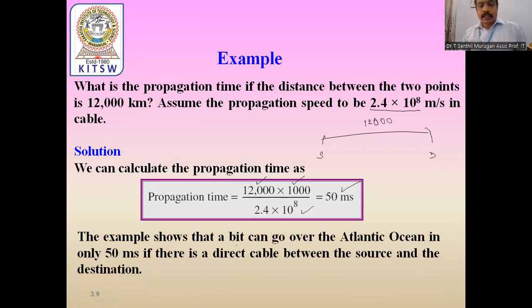The example shows that it can cross the Atlantic Ocean in only 50 milliseconds if there is a direct cable between the source and destination. If a direct link is there, the propagation time is 50 milliseconds.